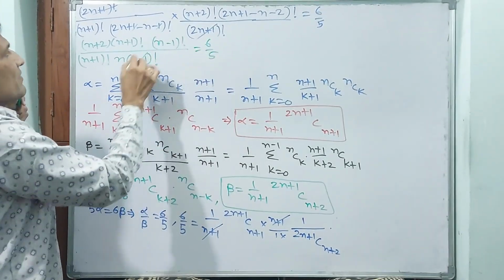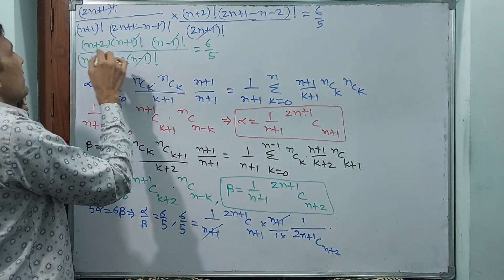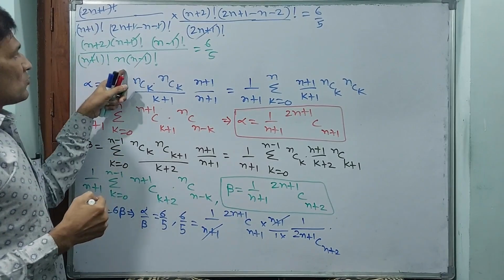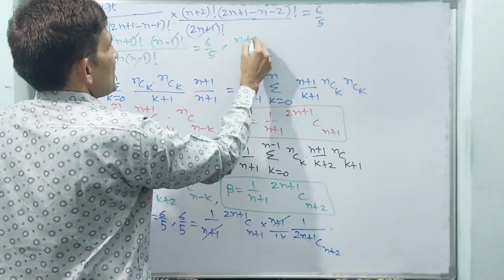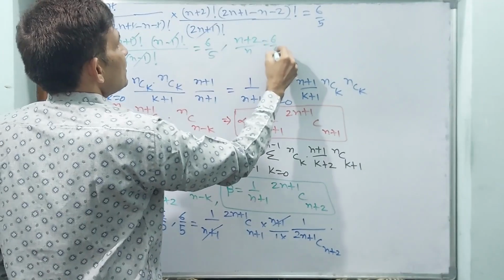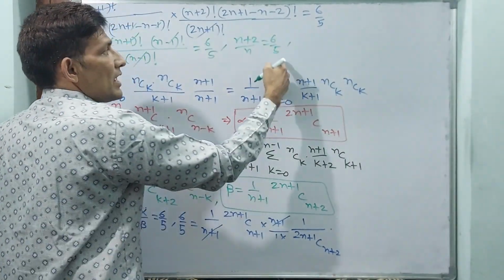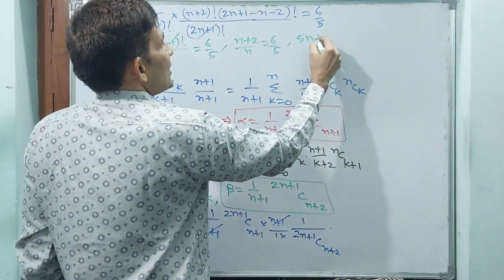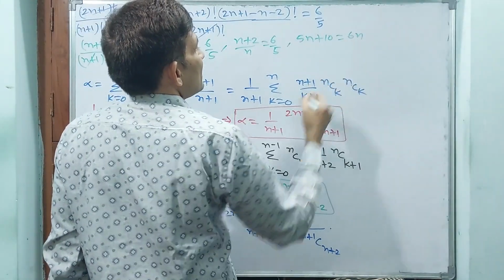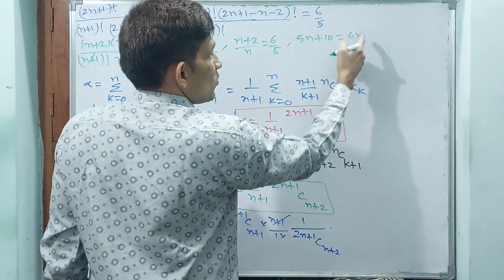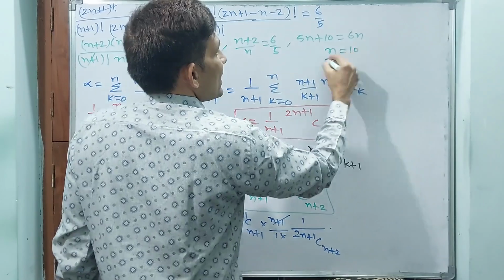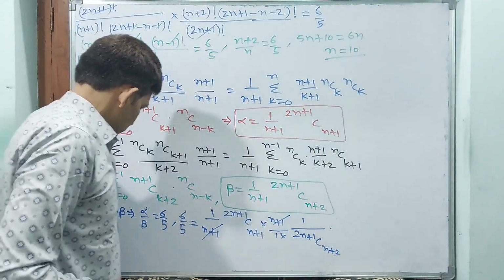See here, (n minus 1) factorial and (n minus 1) factorial, (n+1) factorial and (n+1) factorial cancel out. (n+2) by n is equal to 6 by 5. Or else 5n plus 10 is equal to 6n, goes that side, n is equal to 10. n is equal to 10 will be your answer.